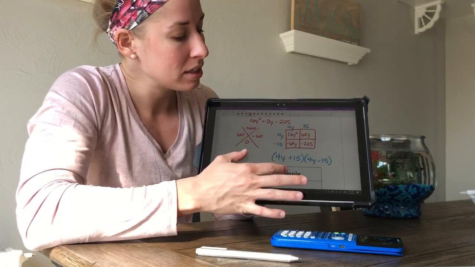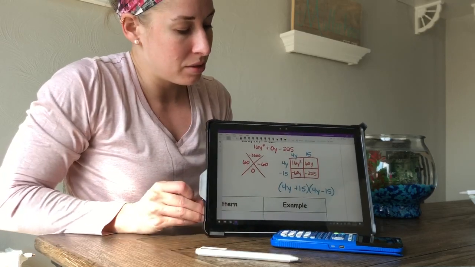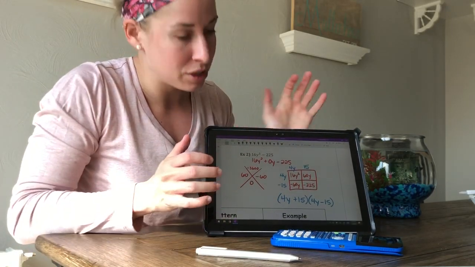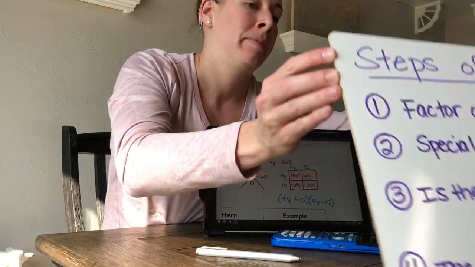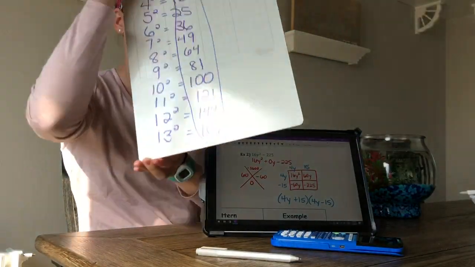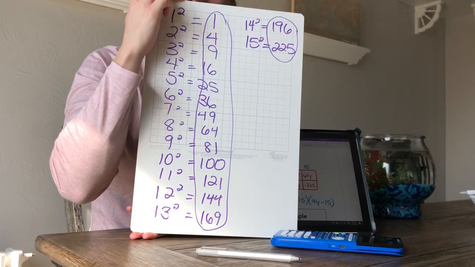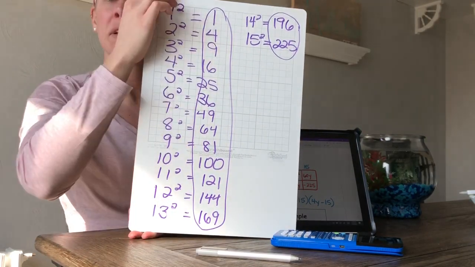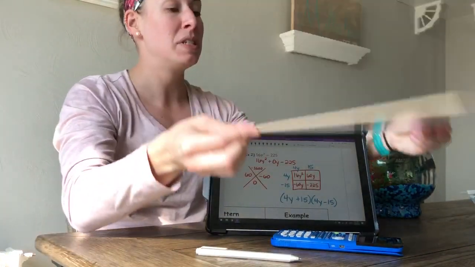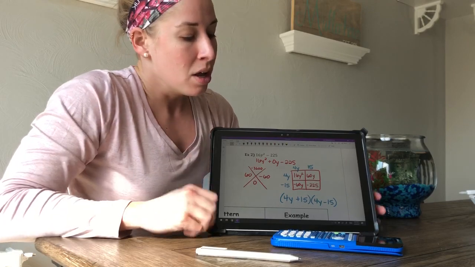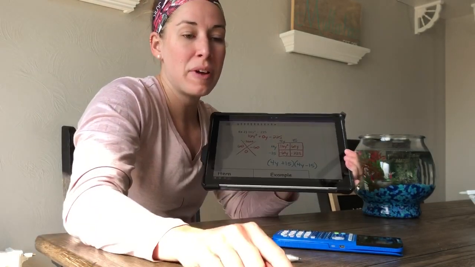So what do you notice about these two numbers? Okay, we started off with 16 and 225. Do they look familiar? They should. So 16 is a perfect square and 225 is a perfect square. So step number 2 of factoring.